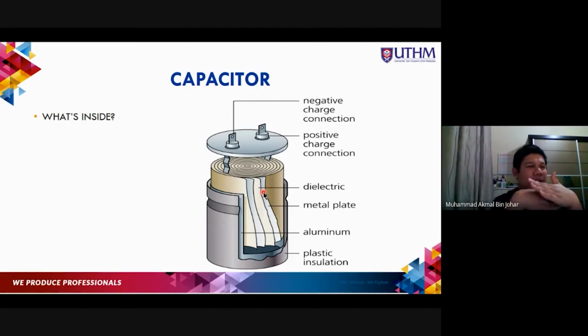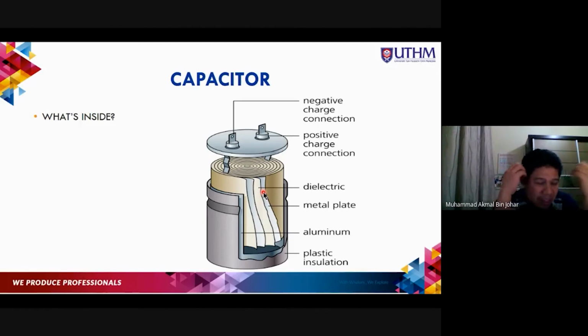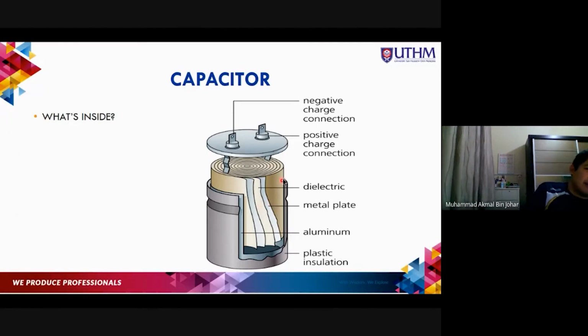This gap and the area A will determine the value of capacitance, which is how much charge you can store inside. They are not touching each other, otherwise it is considered a short circuit. The capacitor holds its whole charge between these two plates inside this cylinder form.